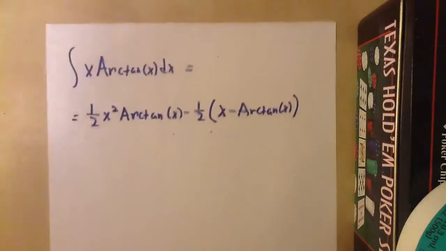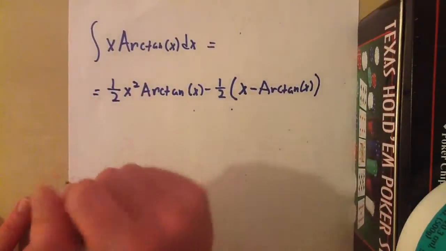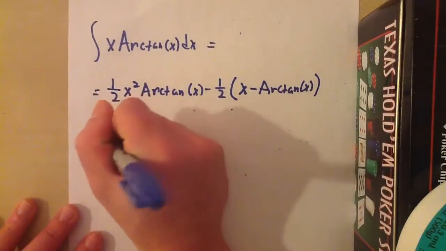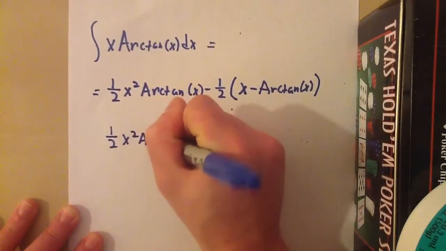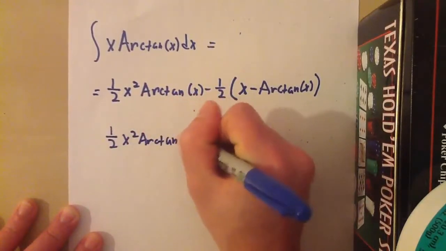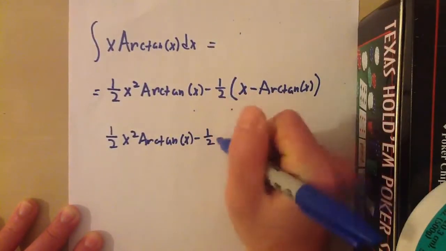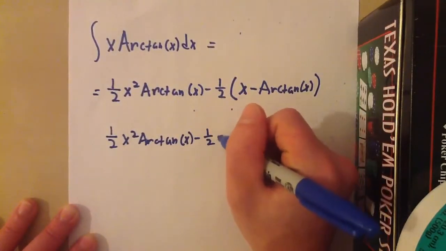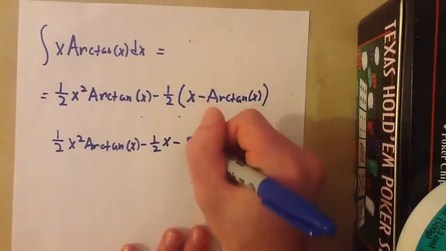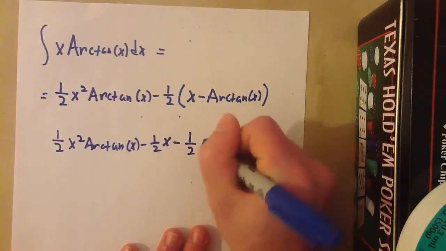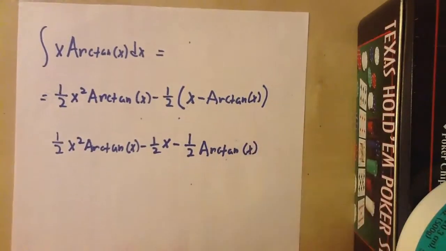And now this just requires a bit of simplification. Left hand side is fine. 1/2 x squared arctan of x minus, distribute the 1/2 and the negative, 1/2 x minus 1/2 arctan of x.